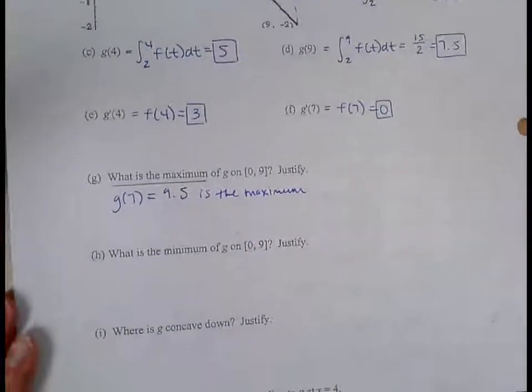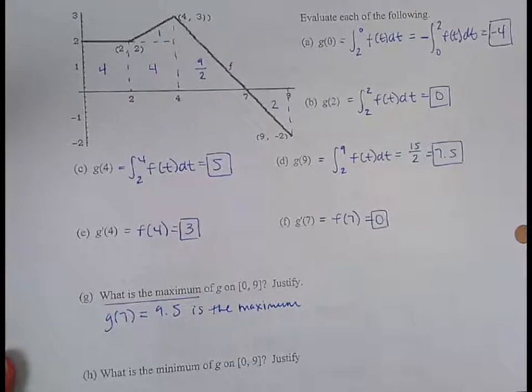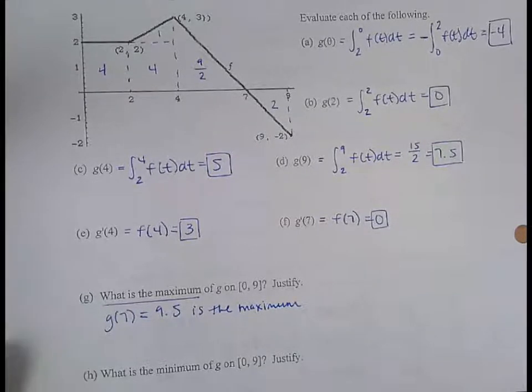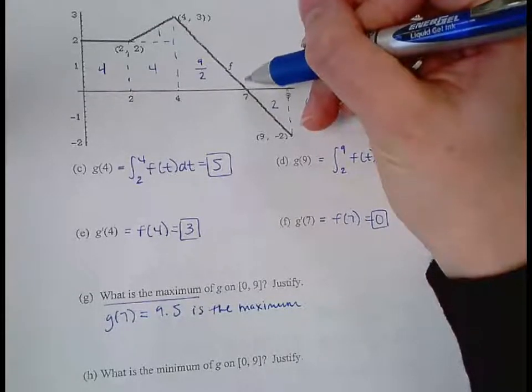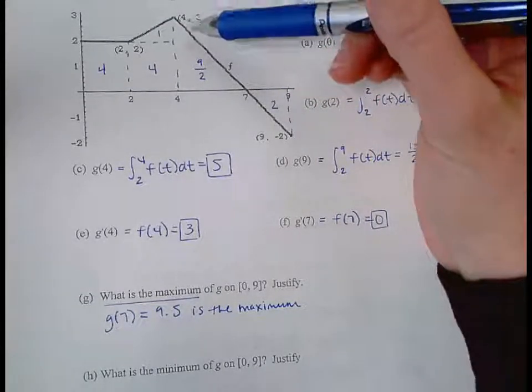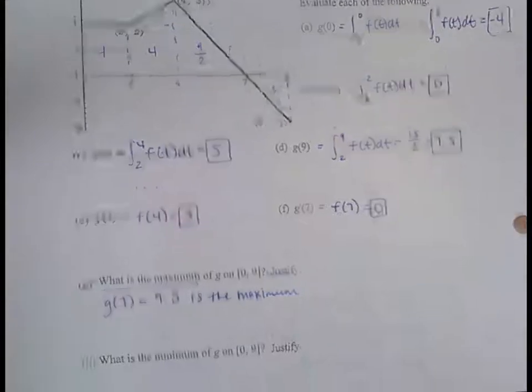Now, when it says justify, how do you know it's a maximum? The derivative is going from positive to negative, meaning the function is going from increasing to decreasing. So this is how you can phrase it.